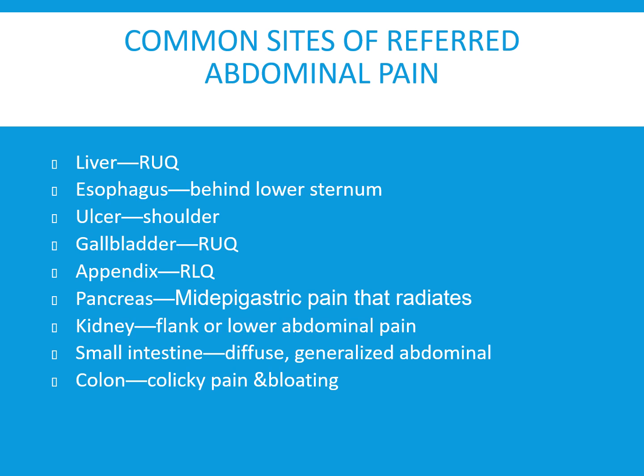Appendix, the right lower quadrant. The pancreas will be mid-epigastric pain that radiates to the back. Kidney pain can radiate from the lower abdomen into the sides and back area. Small intestines can be just diffuse because small intestines basically covers all four quadrants.